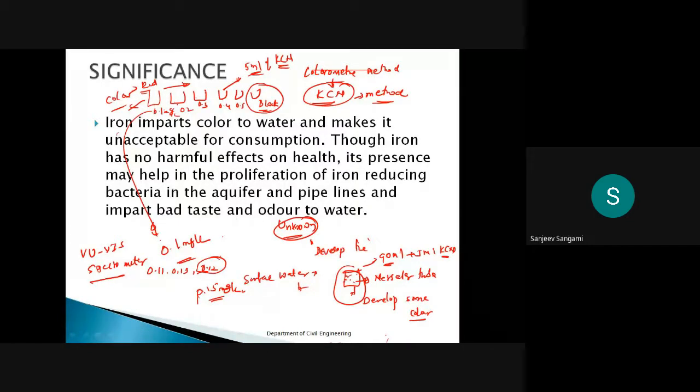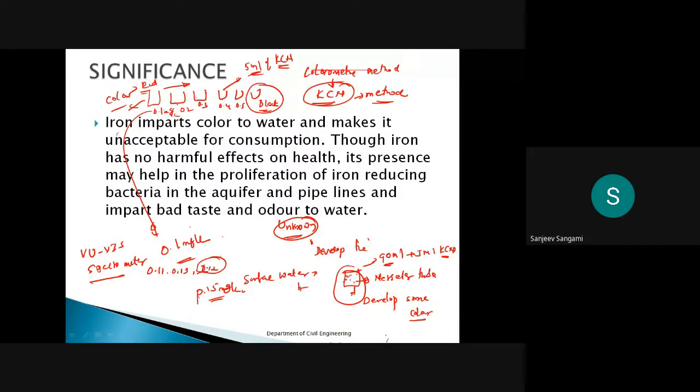Sometimes in pipelines, if iron is present in large amounts, it is definitely going to impart a bad color and bad odor to drinking water. That is why, if any odor or any taste is there, the water will definitely be rejected.